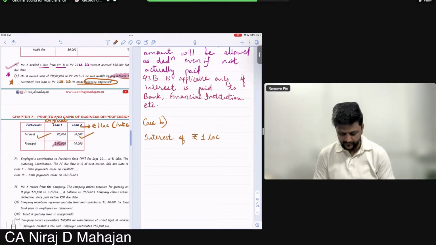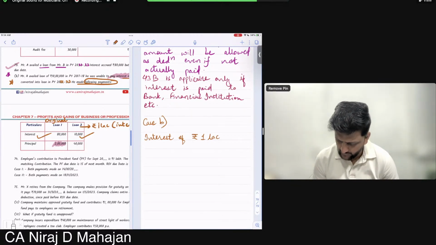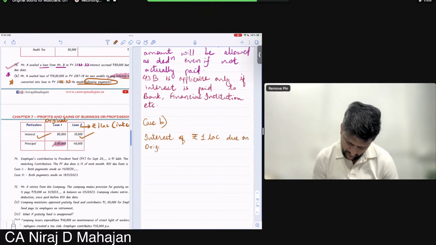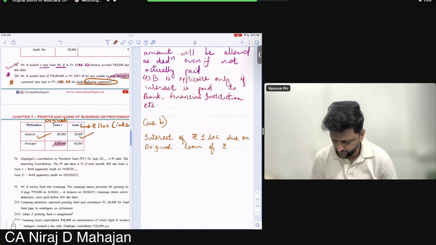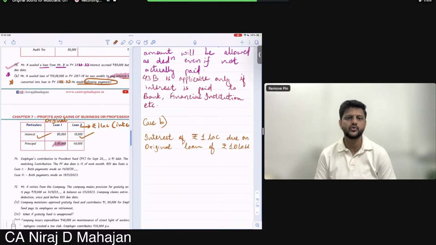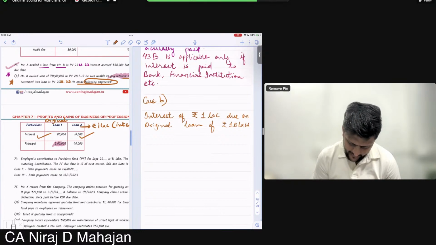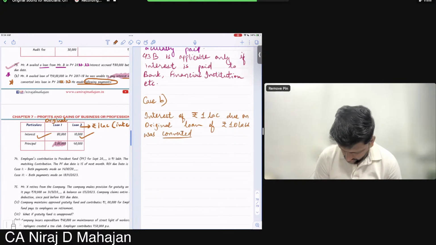Interest of rupees 1 lakh due on original loan of rupees 10 lakhs. Right? Original loan was of rupees 10 lakhs. Was converted into new loan. Very important, children.